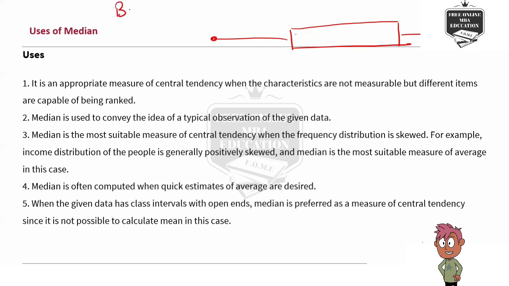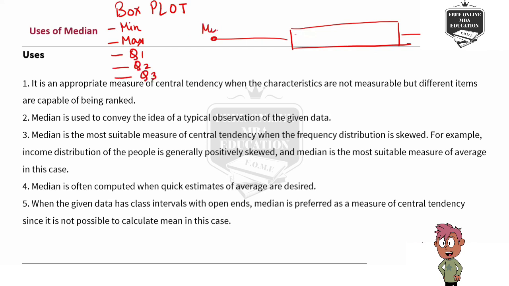Why am I explaining the box plot? Because when you are doing the analysis of a data set, you will be plotting this graph, that is the box plot. So it has 5 points, that is the minimum value, maximum value, Q1, Q2, and Q3.